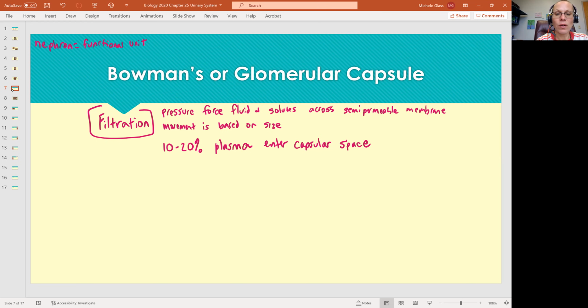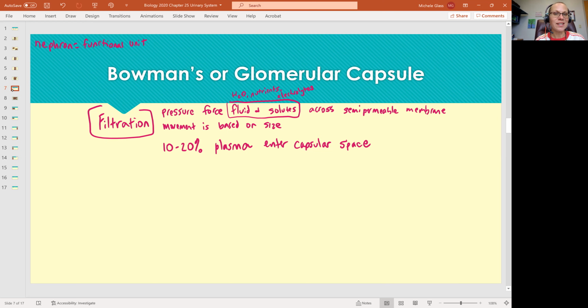So for fluid and solutes, we're talking water, we're talking nutrients. So nutrients would be amino acids, glucose, vitamins. So stuff we don't actually want to be present in the urine will actually leave here. We'll have electrolytes leaving. So you should think like a pretty big exit of material actually leaving at the Bowman's or glomerular capsule.